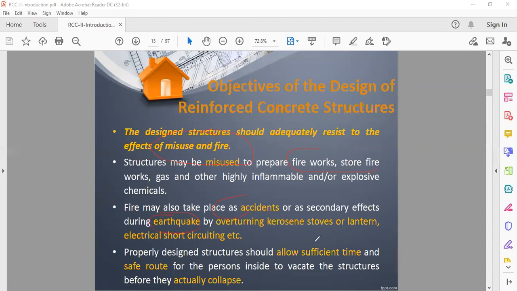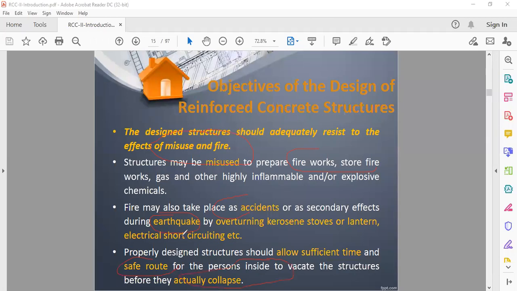So a properly designed structure should allow sufficient time and a safe route for the persons inside to vacate the structure. You may find that in multi-storey buildings there are certain things.